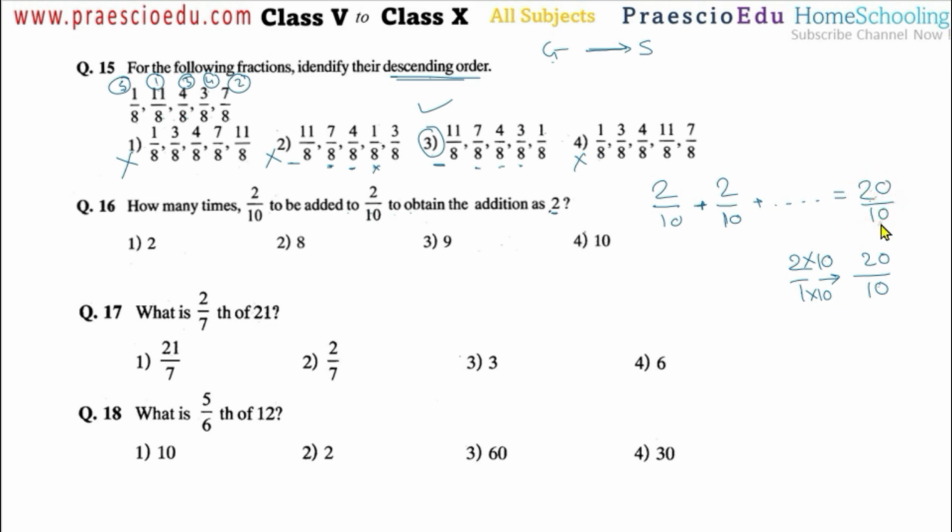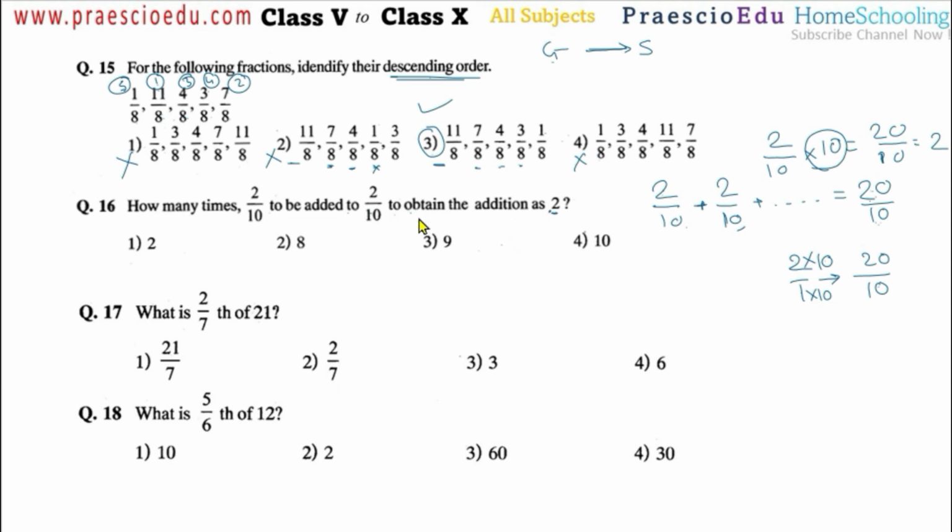So when 20 by 10 comes, 2 should be added up to get 20. 2 multiplied by 10 we have to add, or we can say multiply by 10, then only the answer is 20 by 10, or we can say 2. So it should be added 10 times, or multiplied by 10.